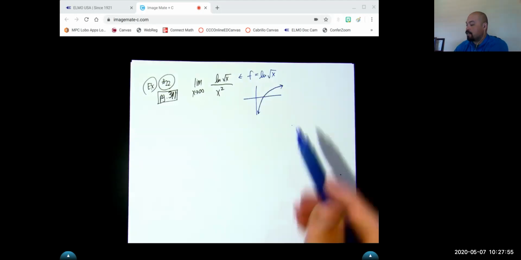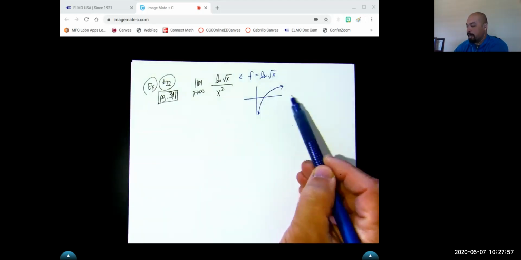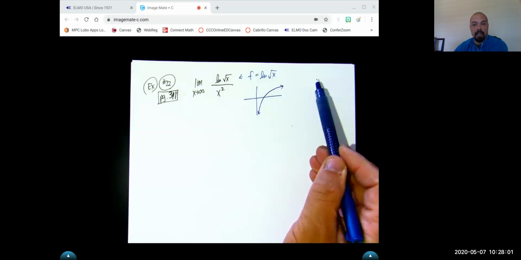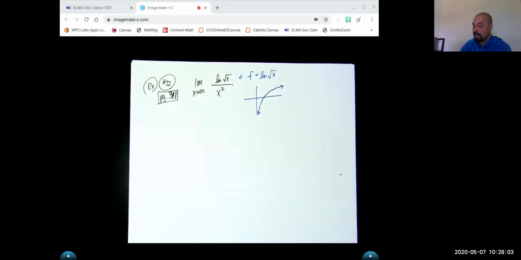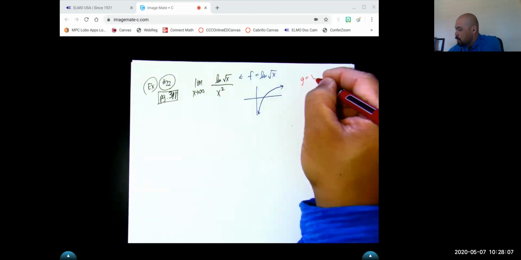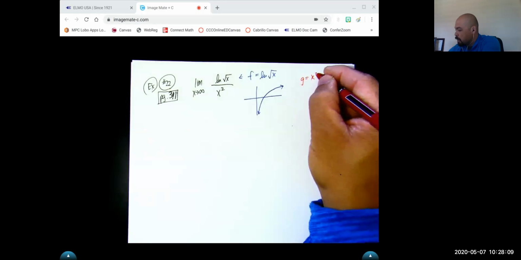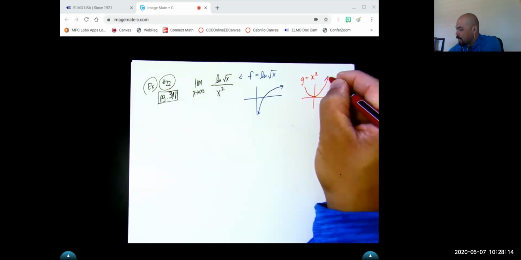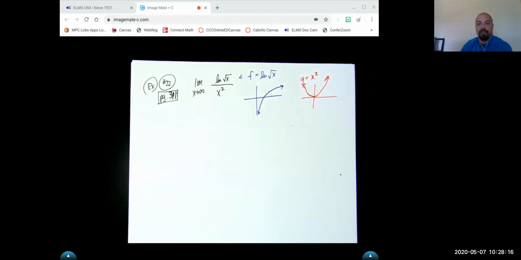But this function is increasing as x gets bigger, the y value does climb. It might be a really slow ascent, but it does grow. And if our function g is x squared, that one is probably a little less worrisome. As x gets bigger, it's going to go to infinity.